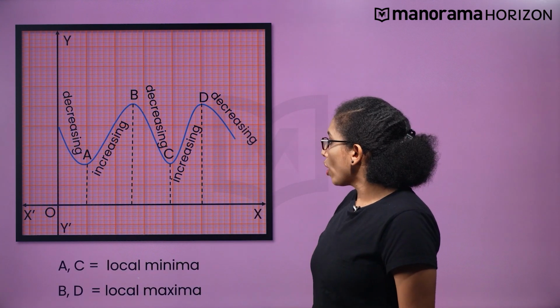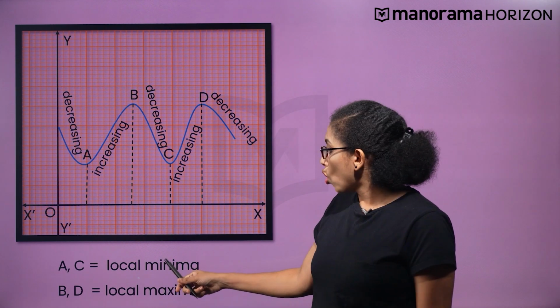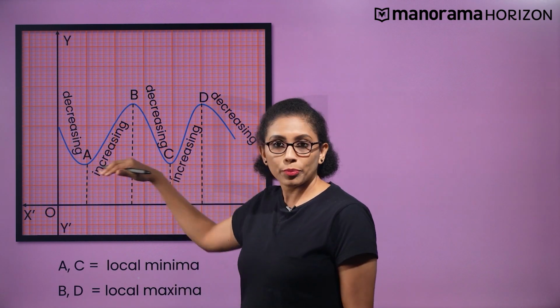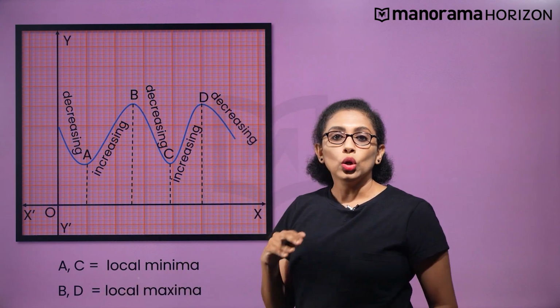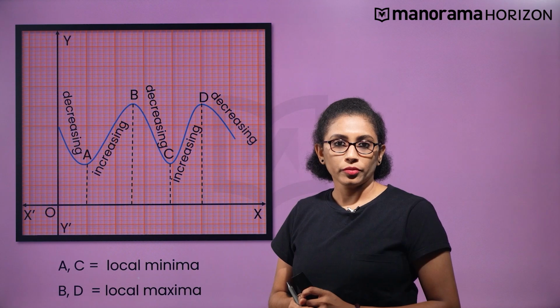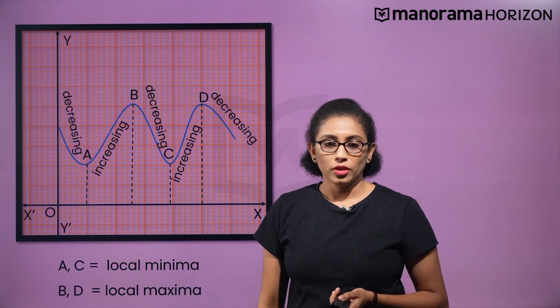So, points A and C are called local minima. They are the valley points. And points B and D are called local maxima. Now, let us concentrate on this in detail.